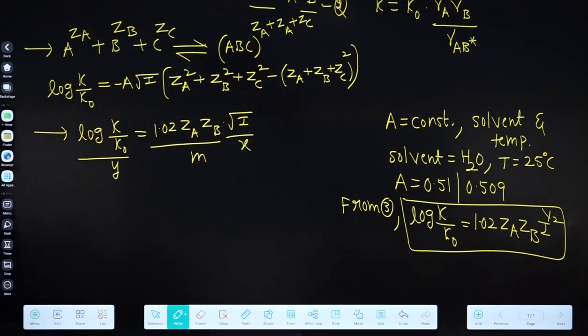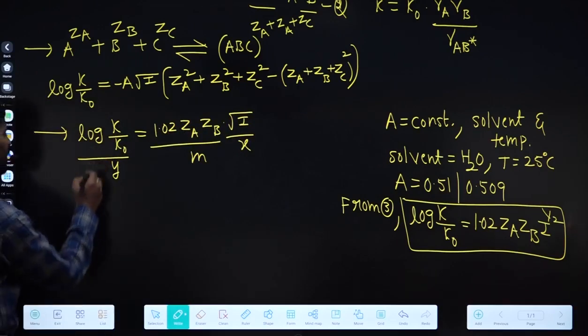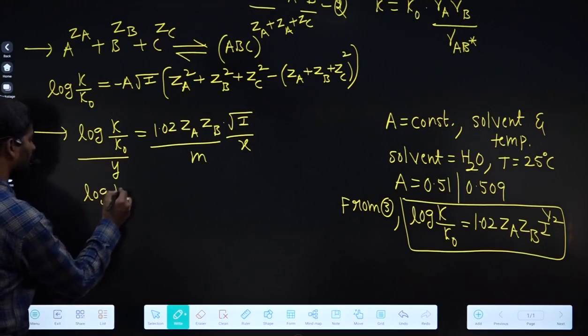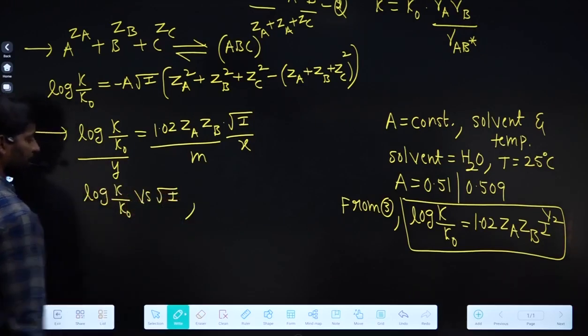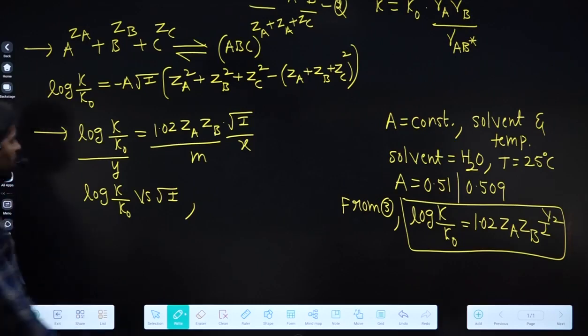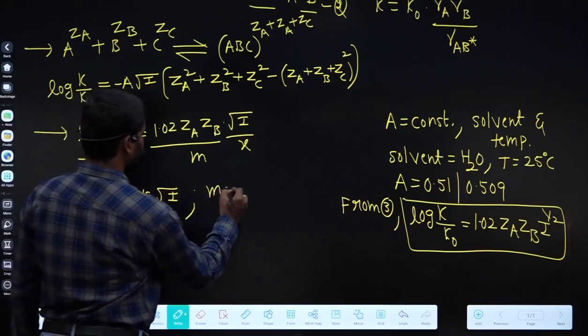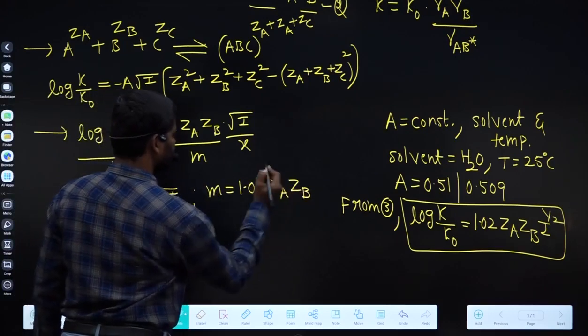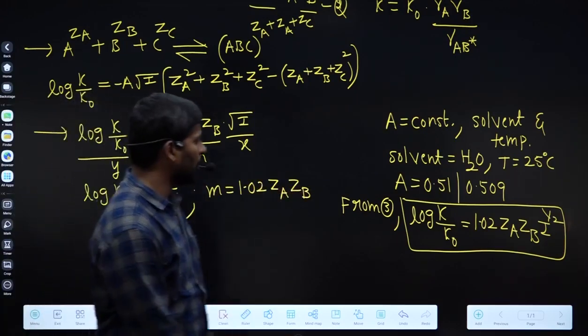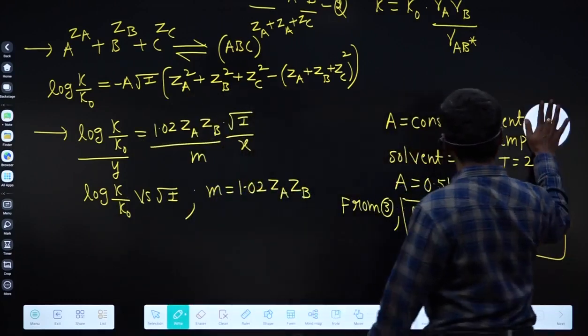So if you take a plot of log K by K naught versus root I, what about the slope? Slope is equal to 1.02 ZA ZB.